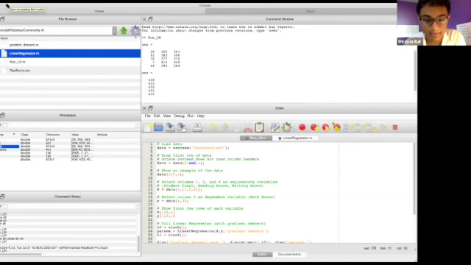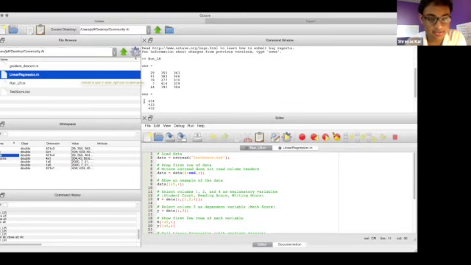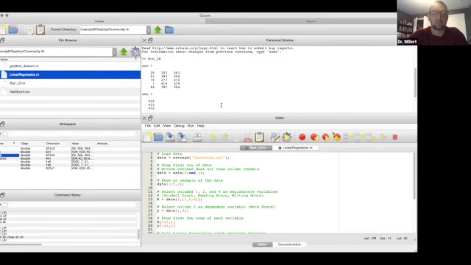Dr. Willett? Yep. We can't see your screen. Oh, you can't? No. We can only see just the top portion of your screen. We can't see the actual code. Yep, we can see it now.